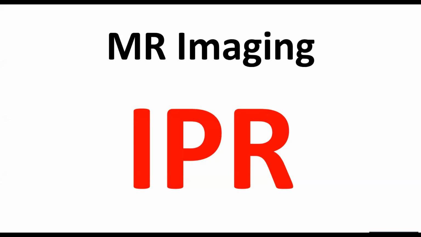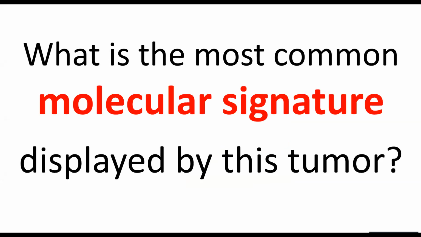Okay, let's do an MR imaging case, and another one, and we're going to vary it a little bit. What I want to know is, and this is easier, it's no longer professorial. I would say it's probably a 201 actually, sophomore level. And what I want to know though is I don't want to know the name of the tumor.